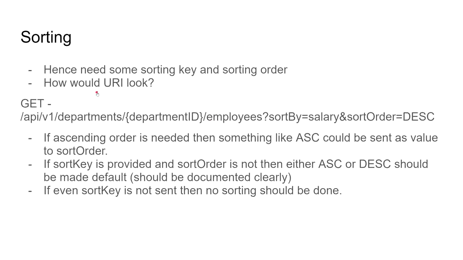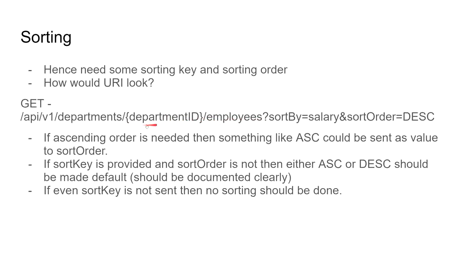Firstly we want to tell it how to sort, like using which field we want to sort, and whether we want to sort by ascending or descending order, right? So this is an API URI. Again, it's a fetch request, so the verb would be GET. Then our API path would look like this.